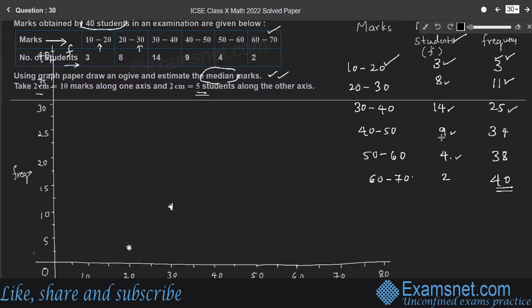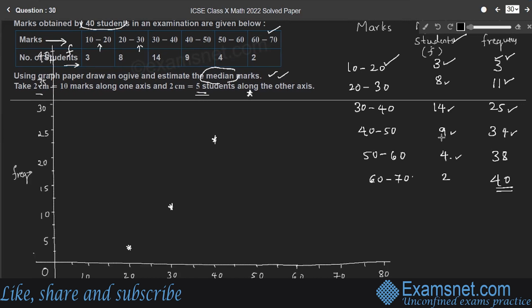Then 25 students in the range 30 to 40, so 25 comes here. Then 34 students in the range 40 to 50. We'll take the upper limit. 34 students comes somewhere here.